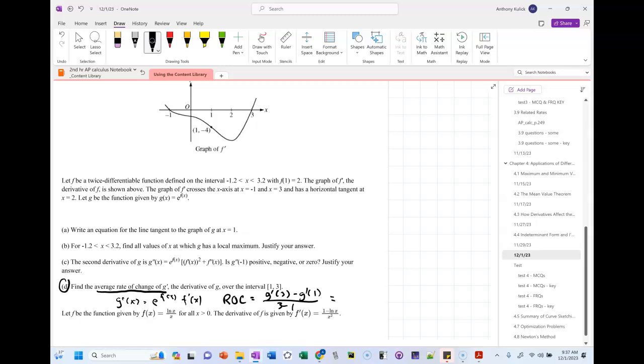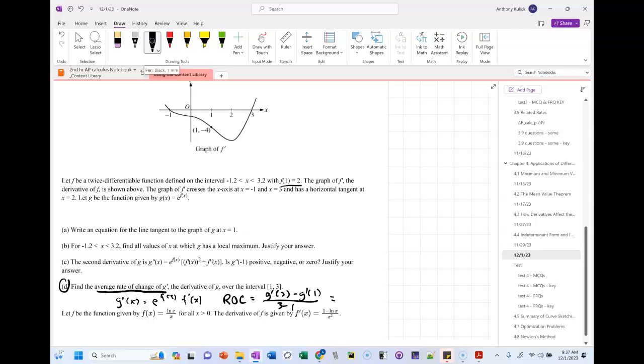So if I do G prime of 3, that's going to be e to the 0. No, because this is f prime up here.